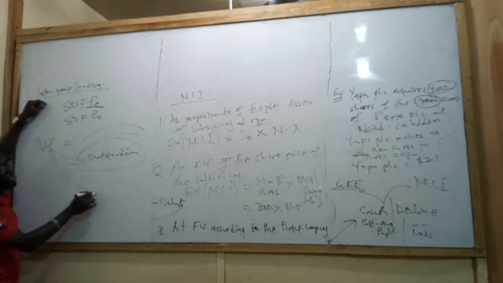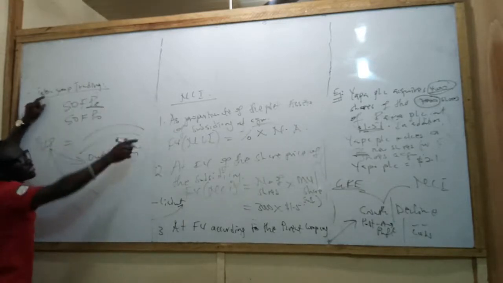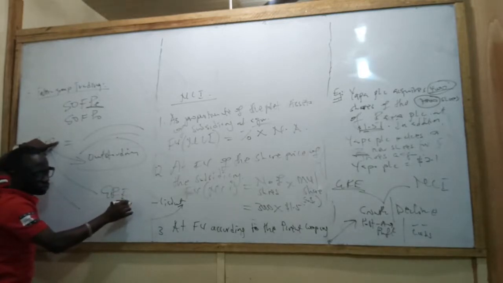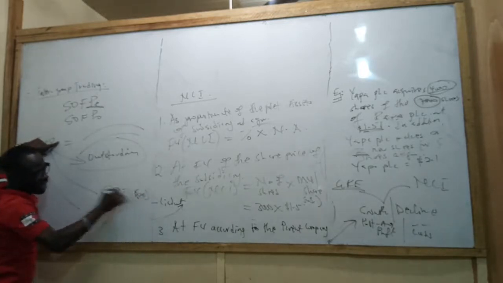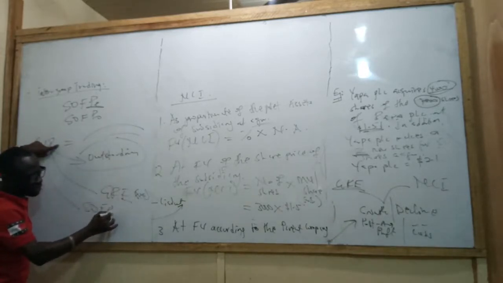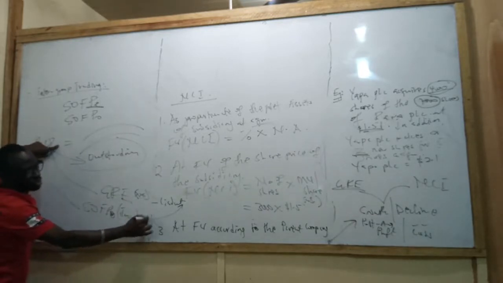How do you treat that provision for unrealized profit? One, if the parent was the one who sold to the sub, then the provision for unrealized profit will go to group retained earnings. Subtract it. Then it will also go to the statement of financial position, where inventory has another subtraction.